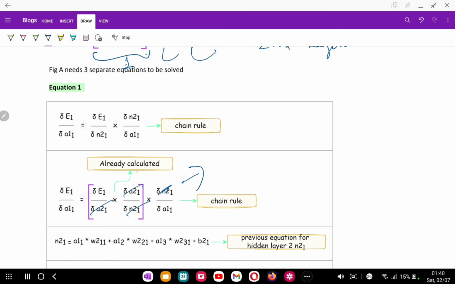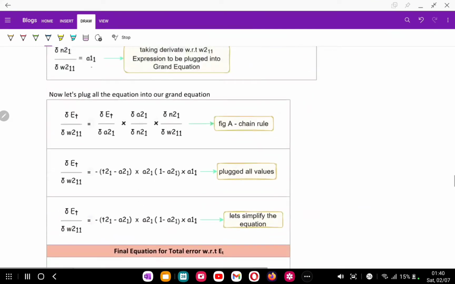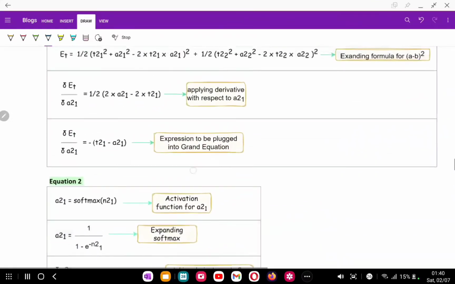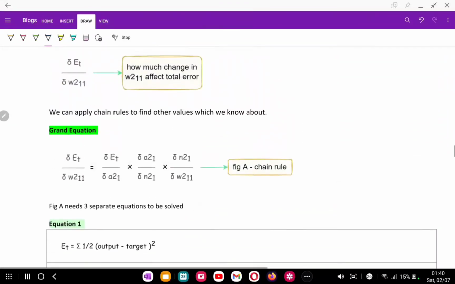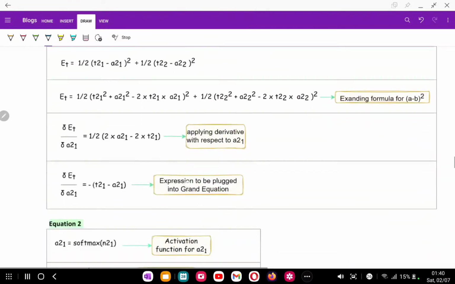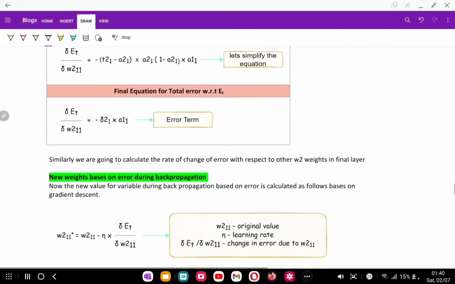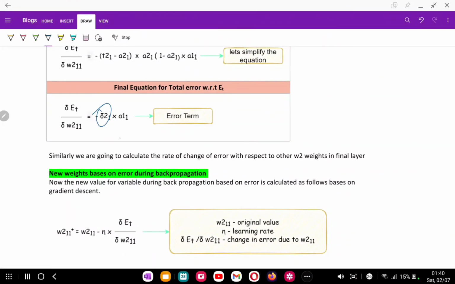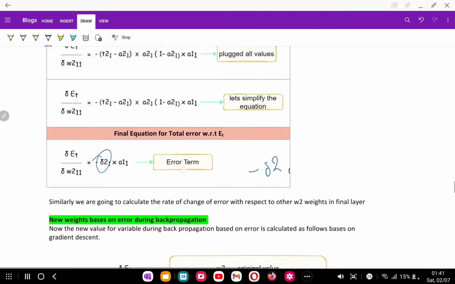Now we have already calculated this, and its value is this, minus E21. Why is that?